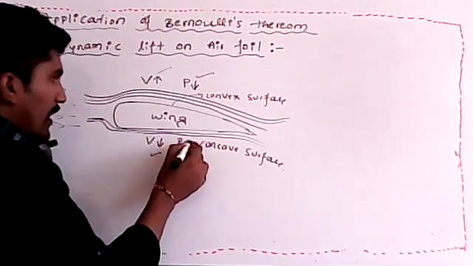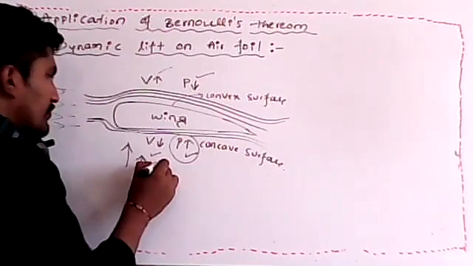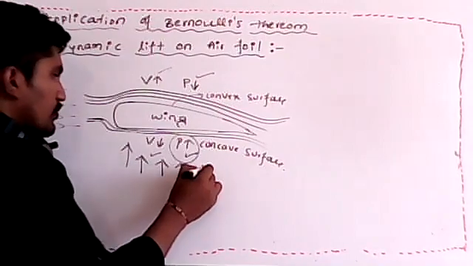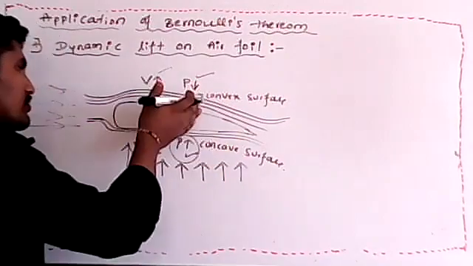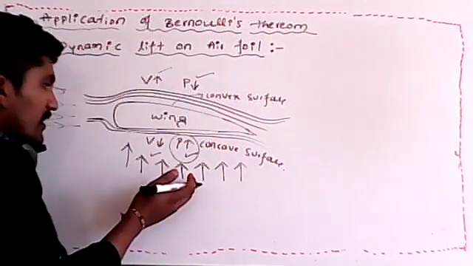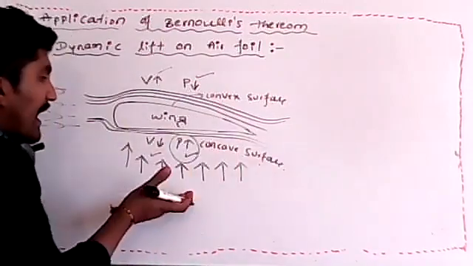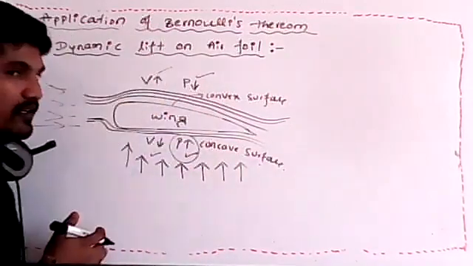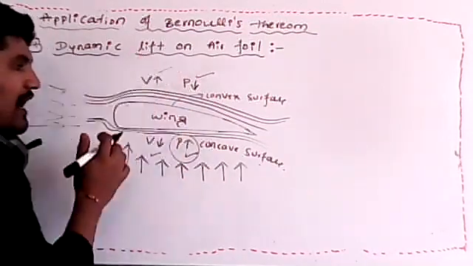As a result, due to this large pressure, upthrust force will come. Upthrust force means a large force will act on the wing, on the concave surface, and it will lift the wing. It will lift the aeroplane to a certain height.